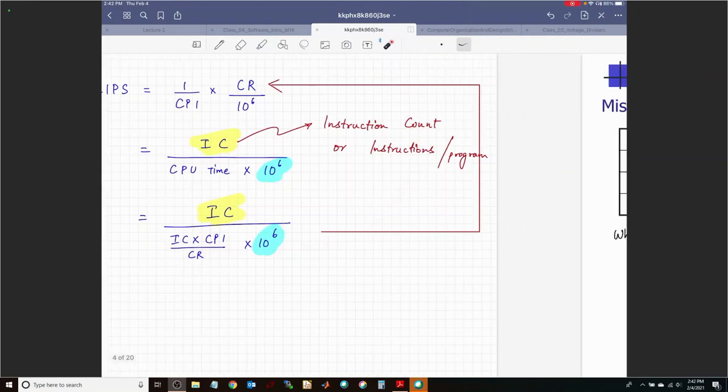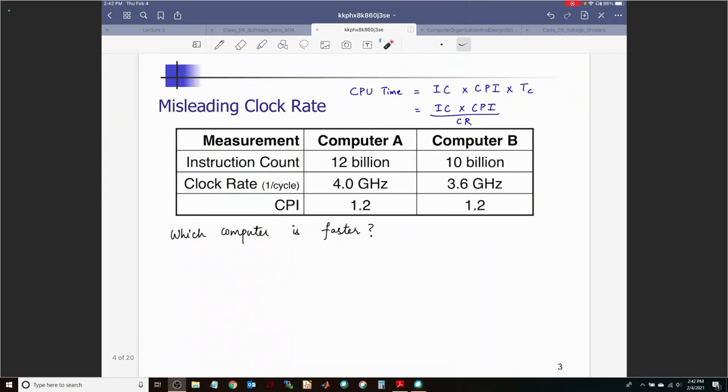All right, let's go forward here. Let's try to find CPU time for computer A, and CPU time for computer B, to see whether computer A is in fact faster as suggested by its faster clock rate. So let's say CPU time A equals, what do we have here? For instruction count, I'm going to use 12 billion.